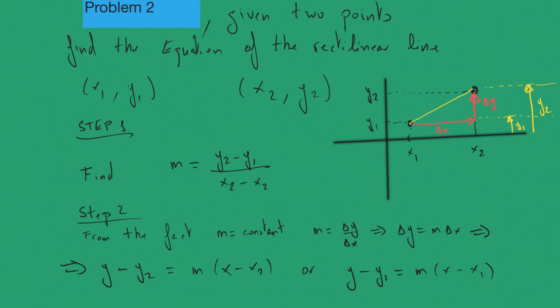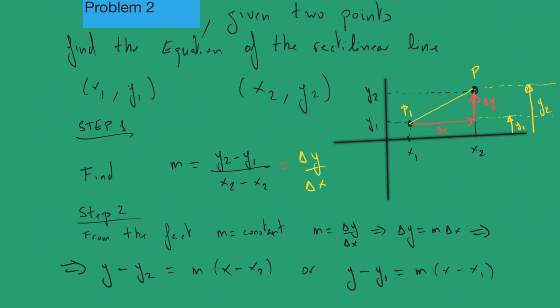So step 1, find the slope. You have 2 points, so you can find the slope, delta y divided by delta x. Now you go to the solution for problem 1. You have the slope and you have 1 point. Which point, P1 or P2? It doesn't matter. It will be the same result.